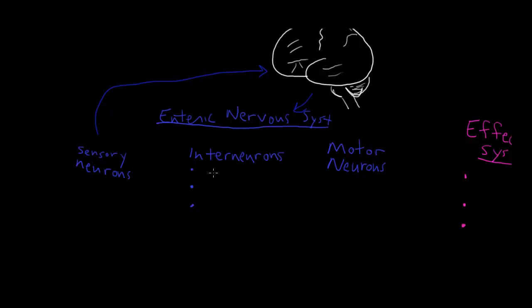It has to synapse with the ganglia before it exits into the effector system. Or the sensory neurons could send the signal to the interneurons, and this will relay information to the motor neurons. And we see that the interneurons will have an effect on reflexes.